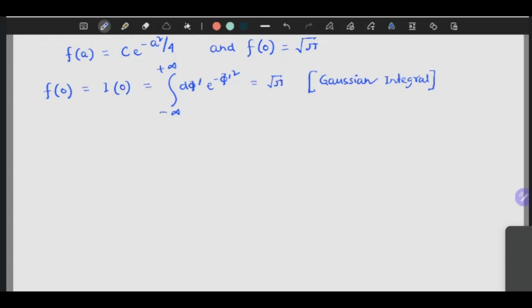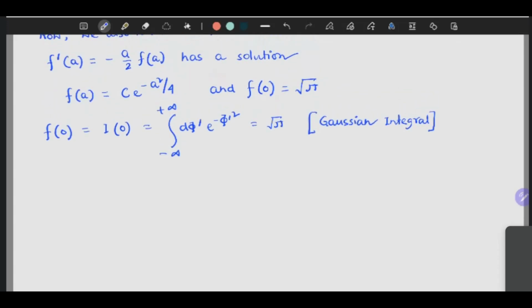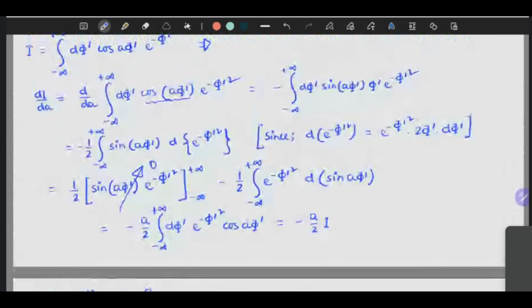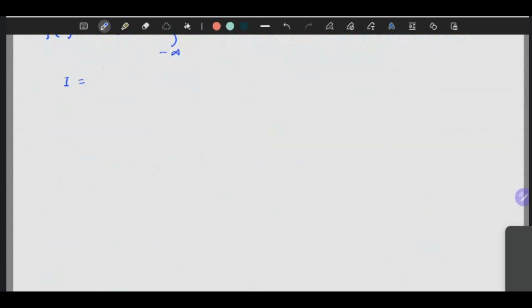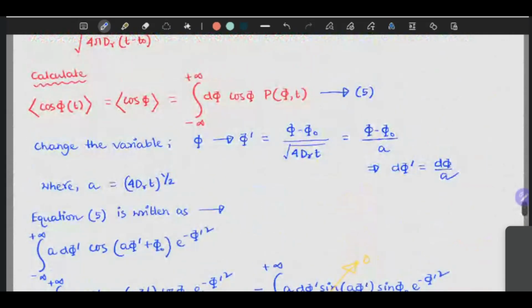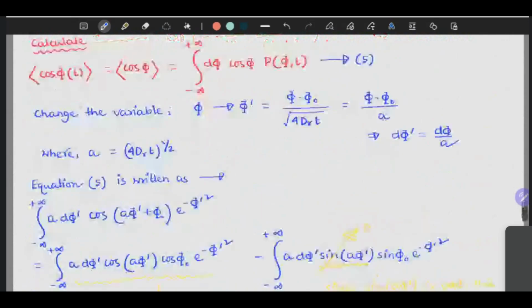Okay, so now we got this. So this c is then this thing, so I becomes the integral of d phi prime cos of a phi prime e to the power minus phi prime squared, which is root pi into e to the power minus a squared by 4.